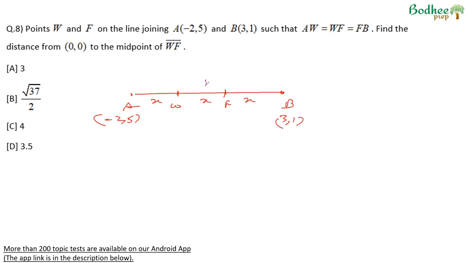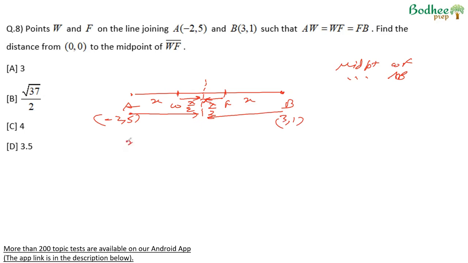Now, the midpoint of WF will be at a distance of X by 2 from W and X by 2 from F. If we add X on both sides, we realize that this point will be equidistant from A and B as well. That is, the midpoint of WF will be the midpoint of AB as well, at a distance of 3 by 2 X from A and B.